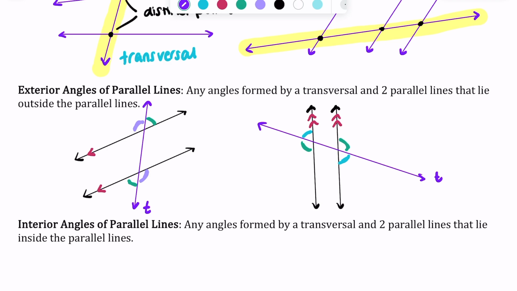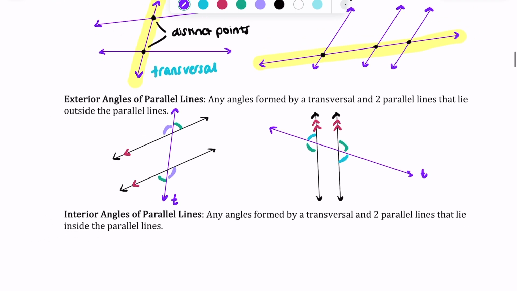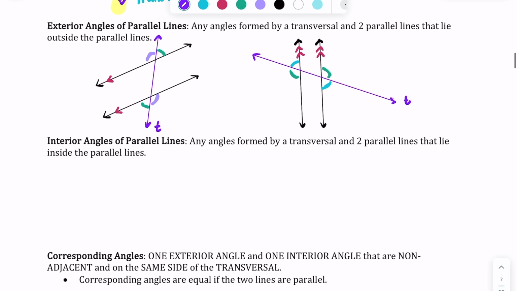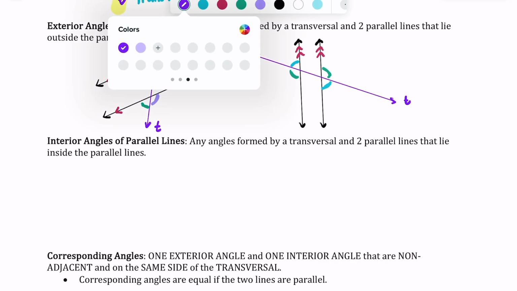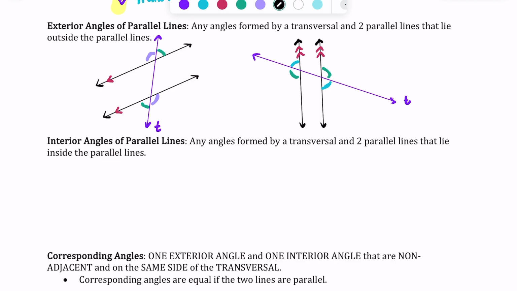Now we've talked about exterior angles of parallel lines. We could also talk about interior angles of parallel lines, which is kind of just the opposite of whatever we just spoke about. So I'm actually going to redraw these exact same diagrams. And I'm now going to label the angles that are inside my buns or inside my sandwich.